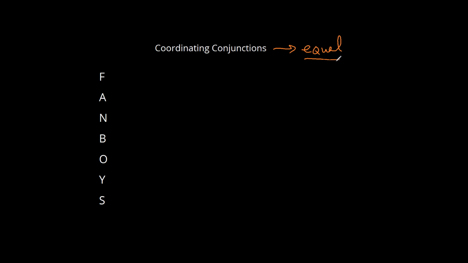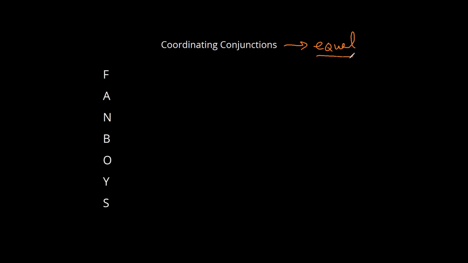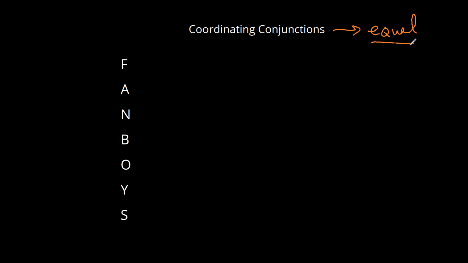There are 7 coordinating conjunctions, and it's probably a good idea to memorize them because you're going to see them all the time. So we have for, and, nor, but, or, yet, and so. As you can see, there's this acronym, FANBOYS, which helps some people at least to remember them.